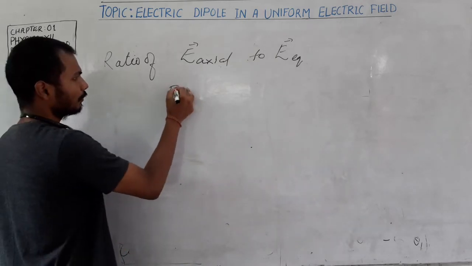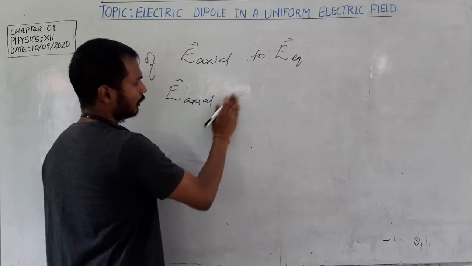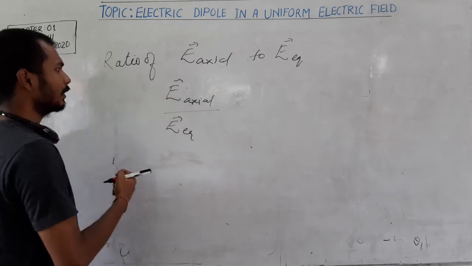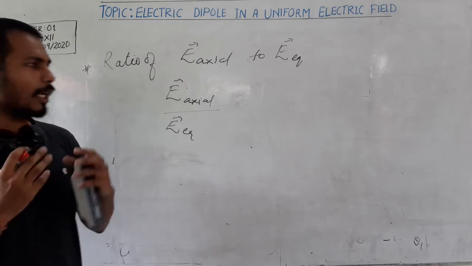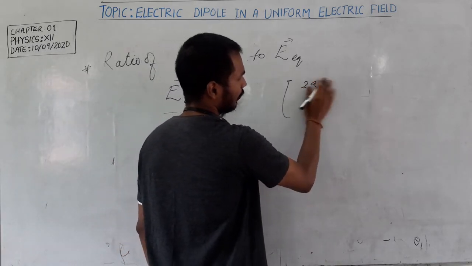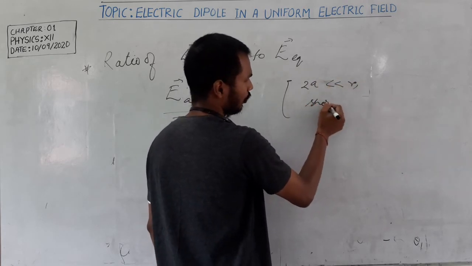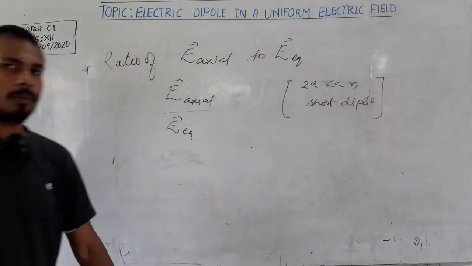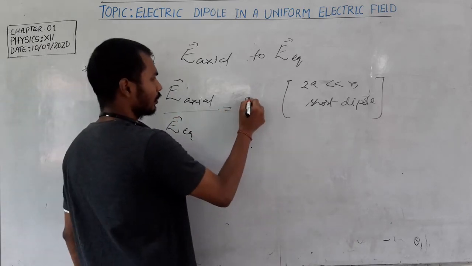If you find the ratio E axial divided by E equatorial, and the condition is that the dipole is a very short dipole, that is, twice a is very much less than r, then what is the ratio of E axial by E equatorial? Then you will get 2.